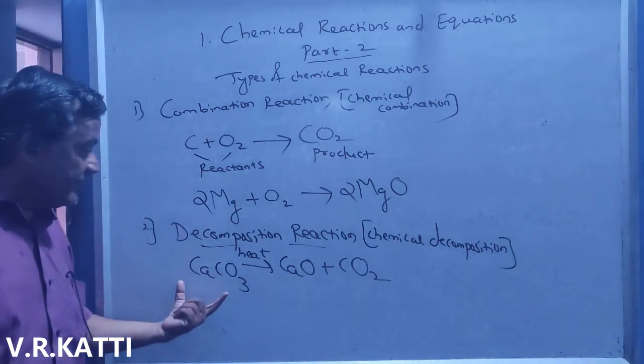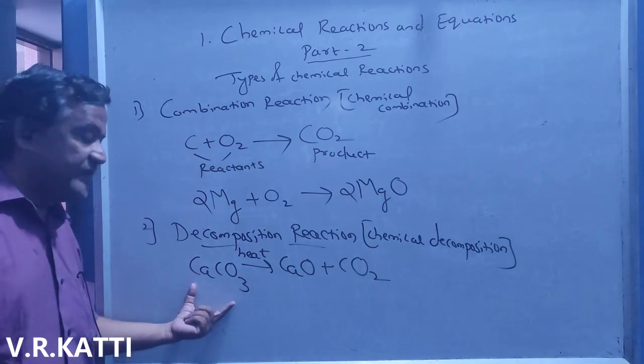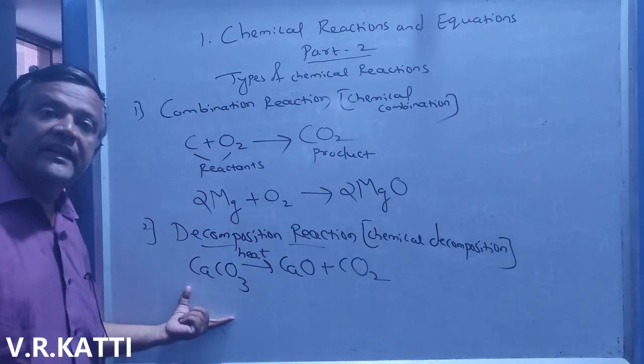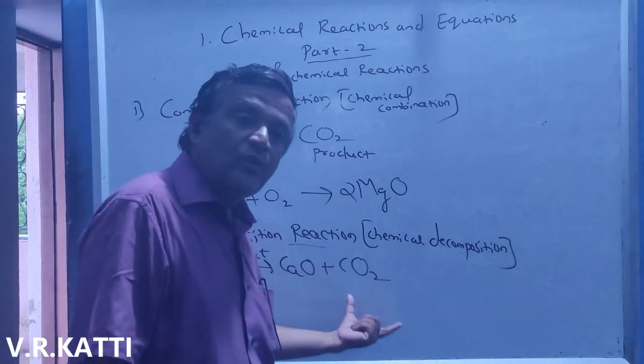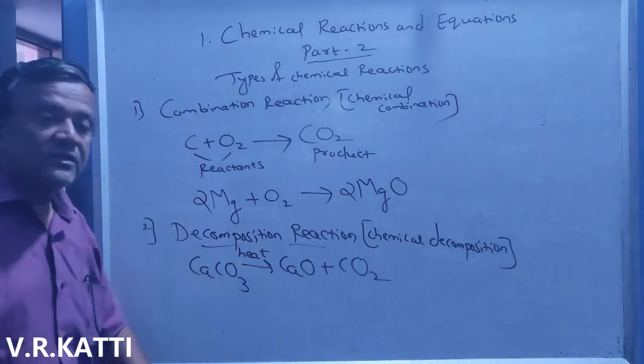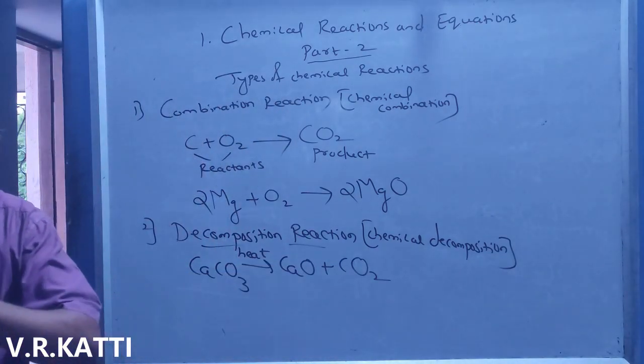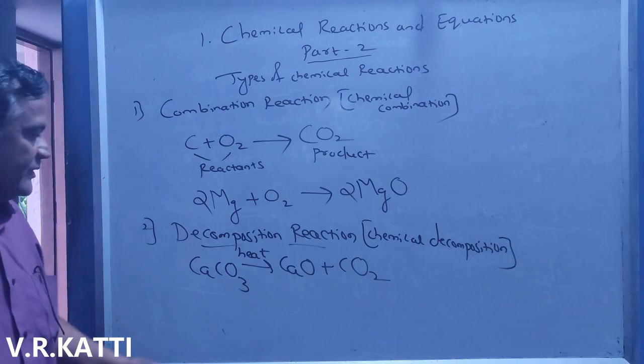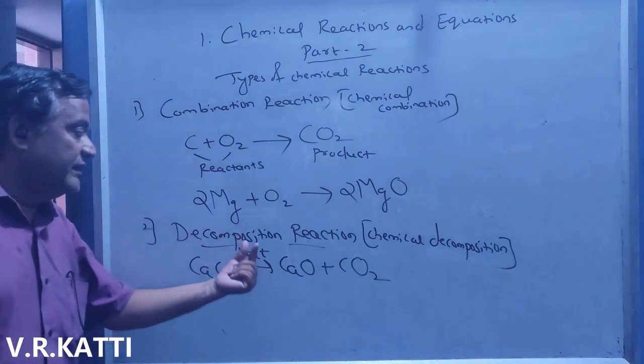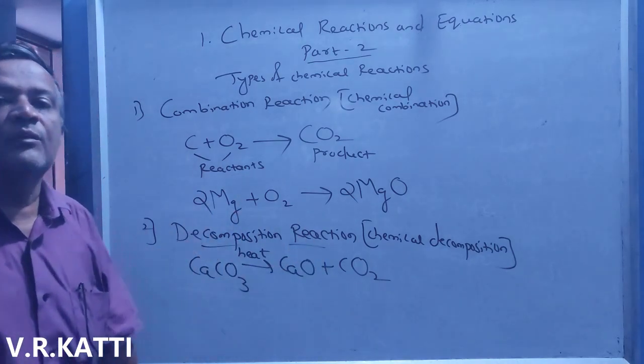Now see here students, CaCO3 is a single reactant but the products are 2. So it is also a decomposition reaction. A single reactant decomposes into 2 or more products.